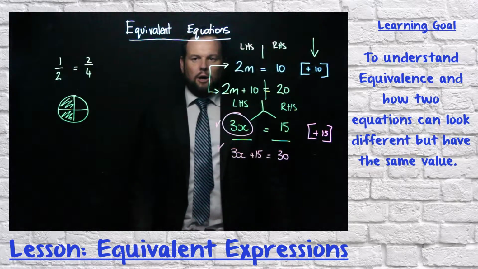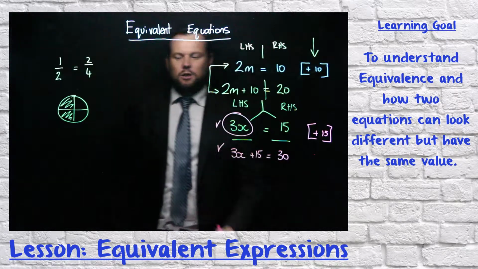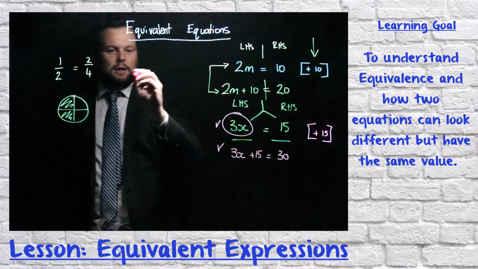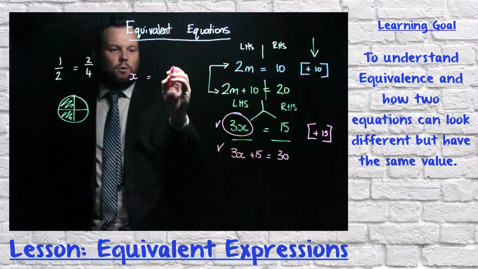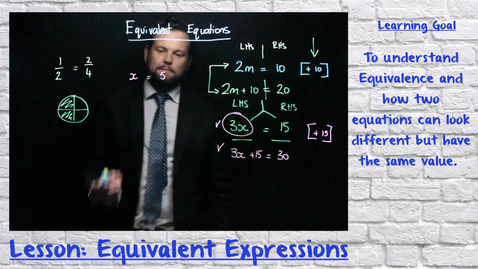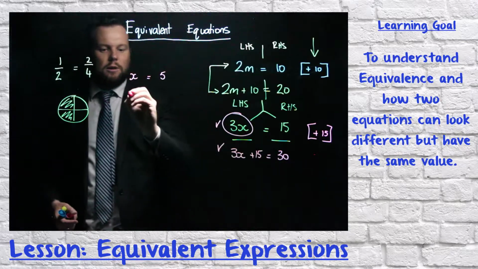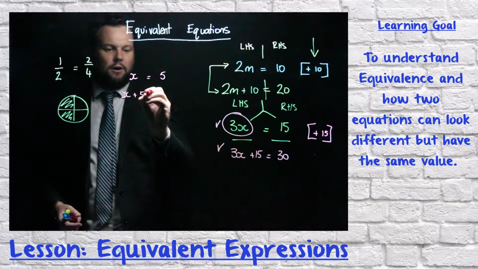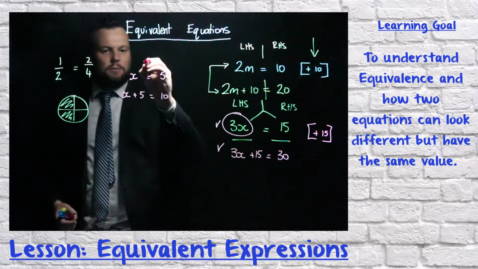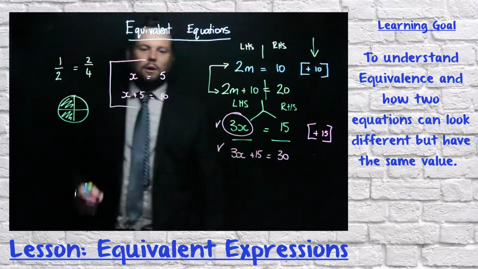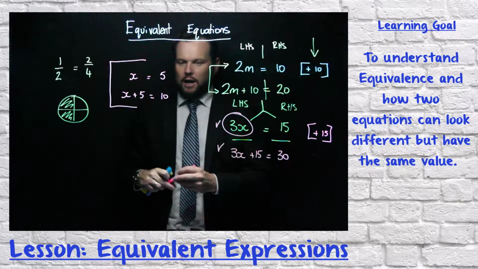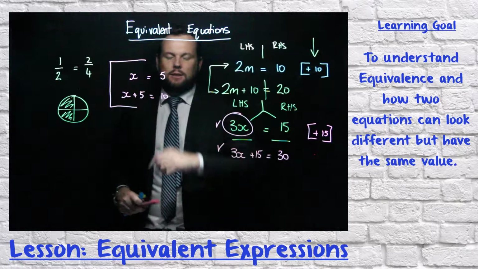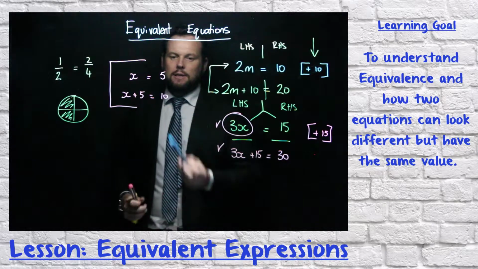Now, sometimes you'll be given an equation, let's make it simple, x equals 5, and then x plus 5 equals 10. Sometimes you'll be given two equations already, and it will ask you what has been the change between the first equation and the second one.